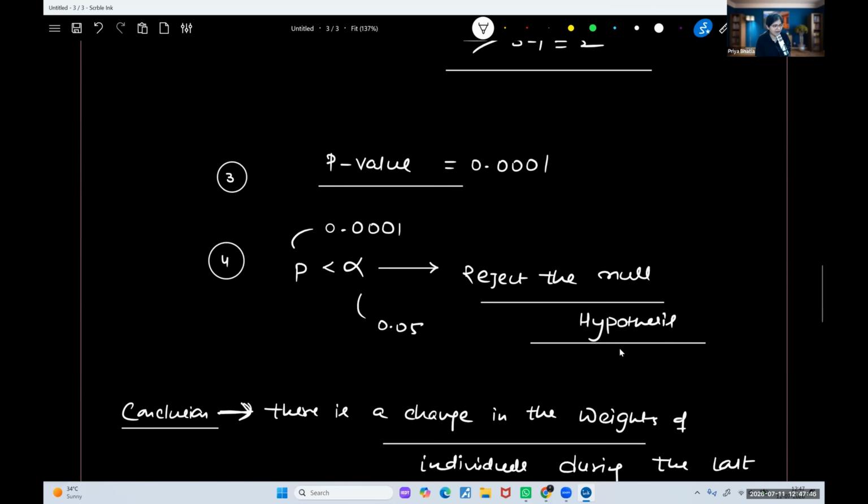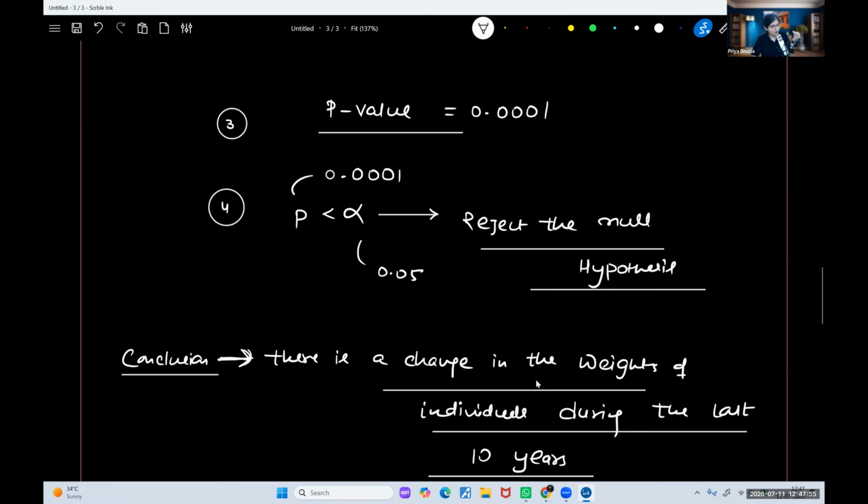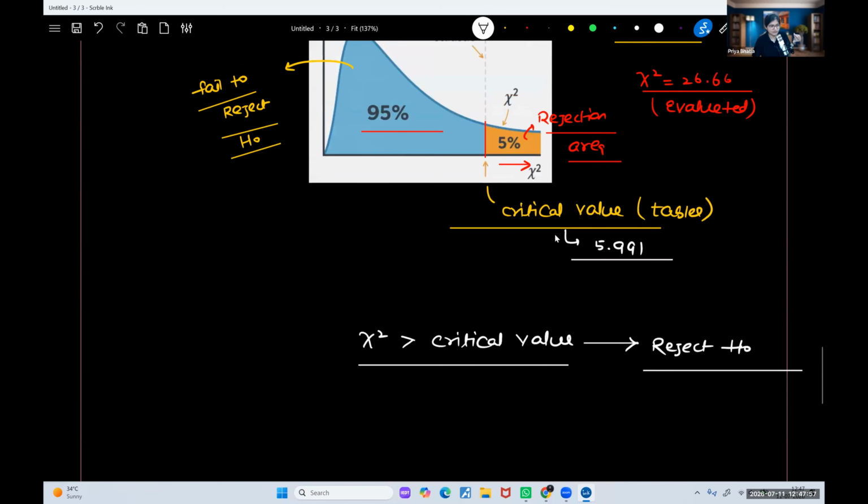It's just that either you have to use a p-value calculator to get the p-value with the given chi-square and degree of freedom, or you can evaluate a critical value from the available tables. Is it all right? Is it okay? Shall we proceed further? Do we understand the meaning of critical value? Critical value is the exact value, exact boundary line. P value is the probability. That's the only difference that we have. All good?